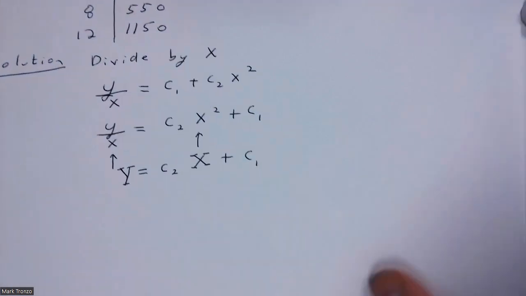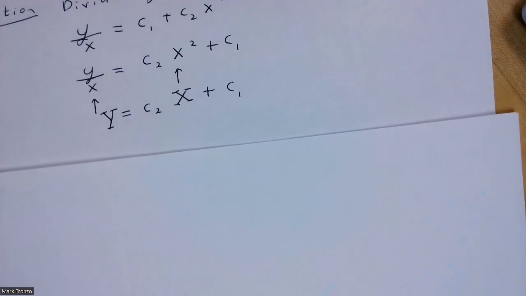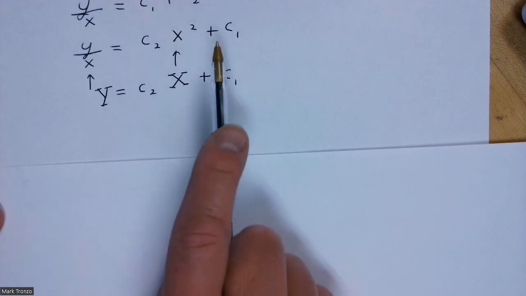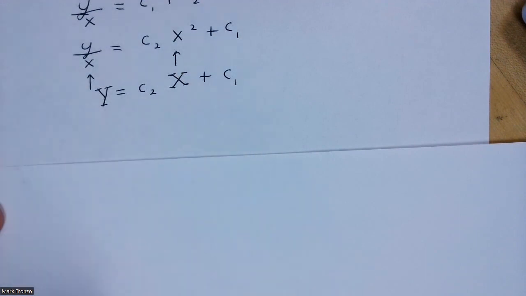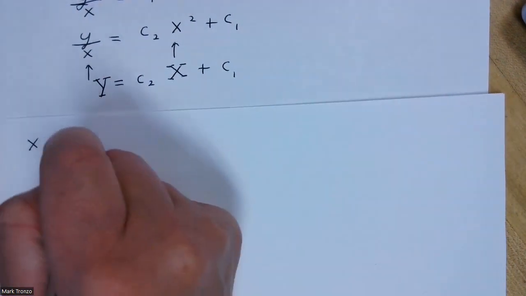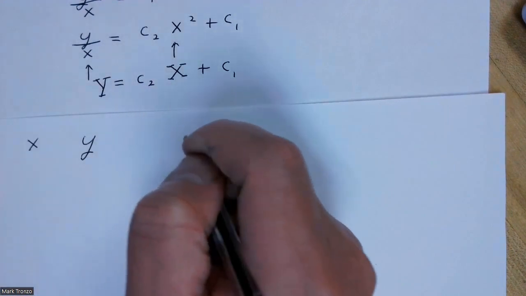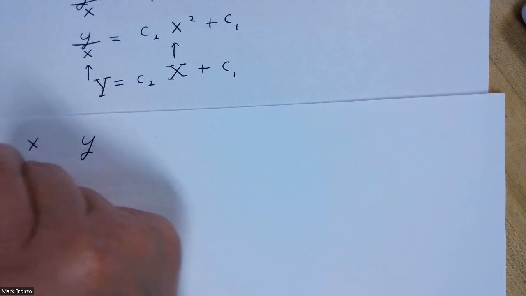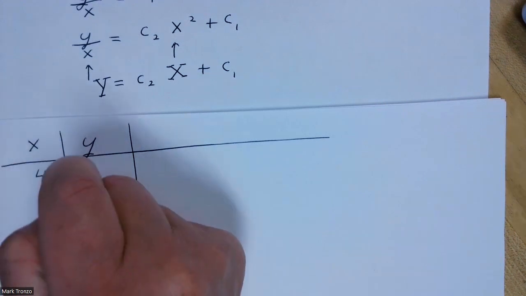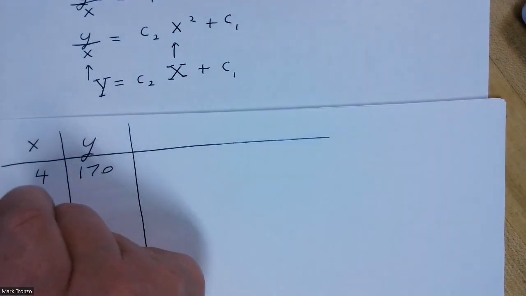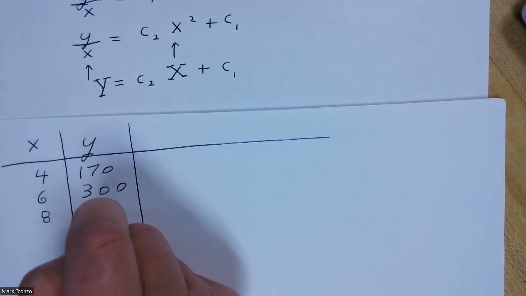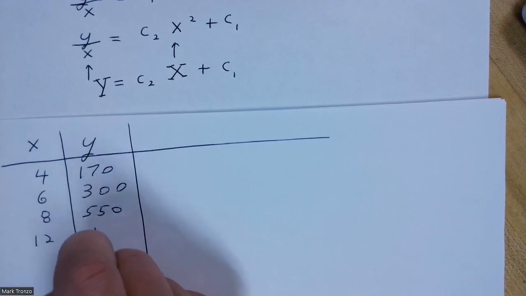So we can make a little table. Again, capital Y is going to be our y over x, and capital X is going to be our x squared. Let me rewrite the table that we had. This is going to be x and y, and I'll write down our original data: 4, 170; 6, 300; 8, 550; 12, 1150.